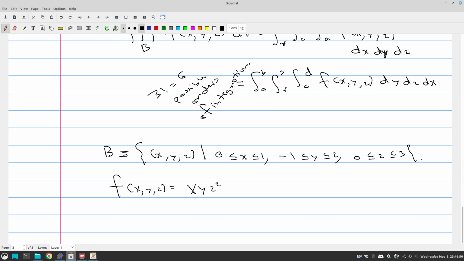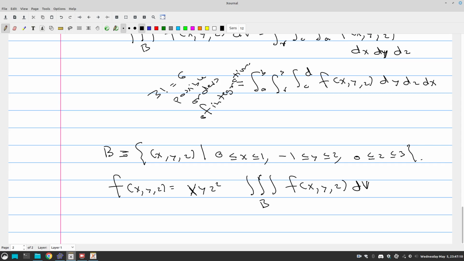We want to find the integral of xyz squared dV.